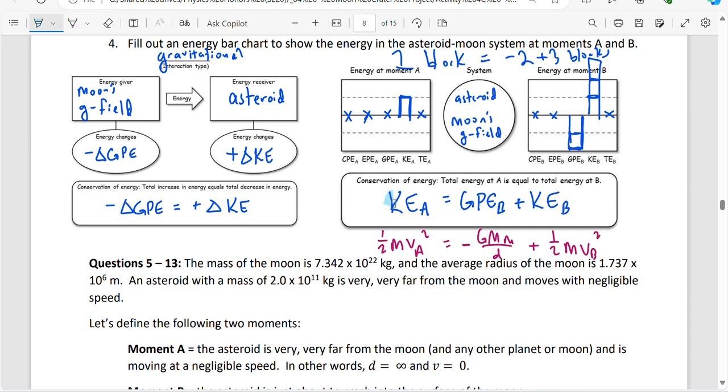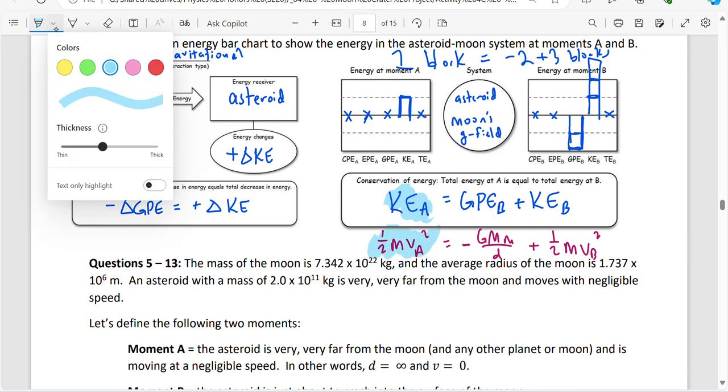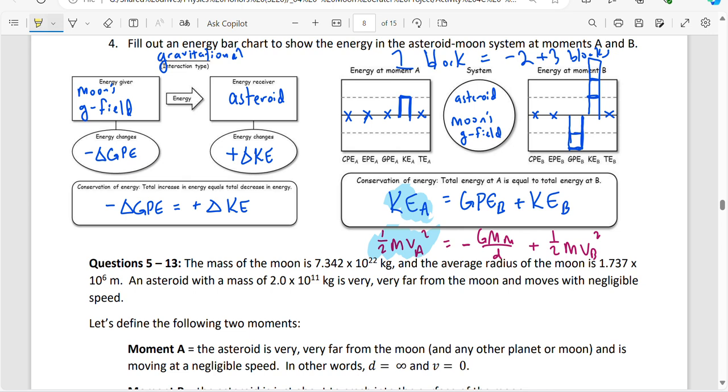And to be clear, this KE at A is half m times the speed at A squared. This GPE at B is negative G big M little m over distance. And this KE at B is this half m v at B squared.